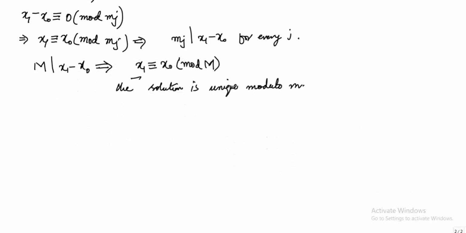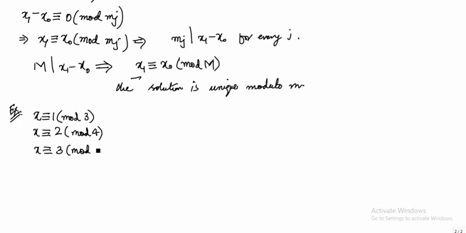Okay, for example, we have a system. So this is an example where we have a system of linear congruences: x is congruent to 1 modulo 3, x is congruent to 2 modulo 4, and x is congruent to 3 modulo 5.